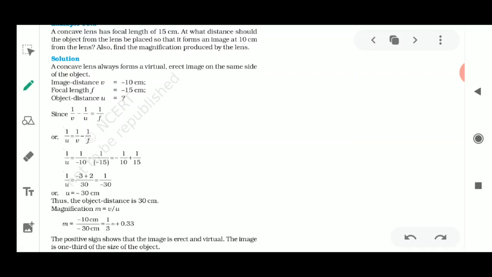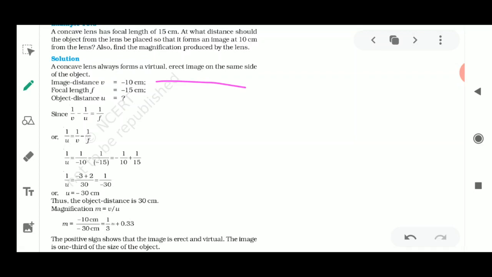In the solution, a concave lens always forms a virtual, erect image, and it is always formed on the same side as the object. This is the property of the concave lens which we have seen earlier. So the image distance is equal to minus 10 centimeters.